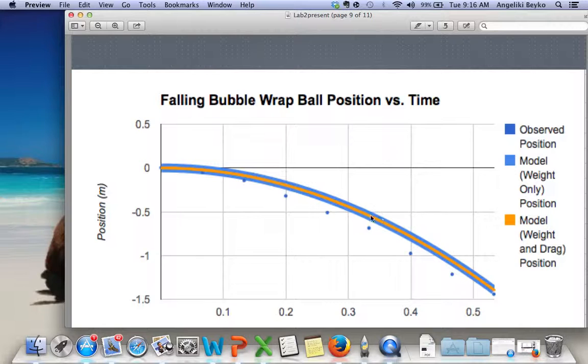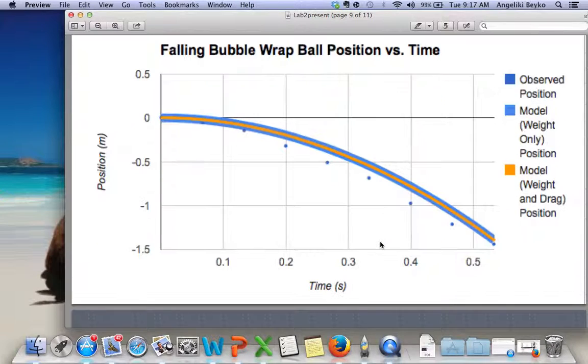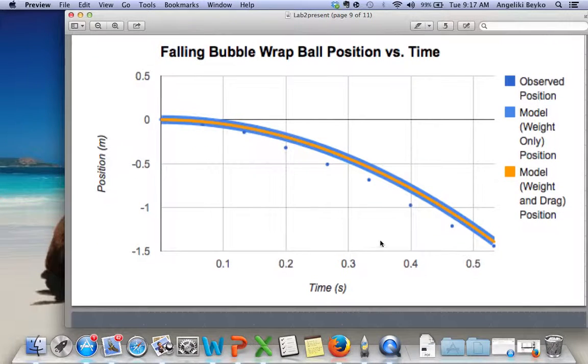It's directly overlapping with the model for weight and drag position. So ideally, we'll go into that in the next slide. But these are probably the best fits in the beginning, and maybe the one at the end, and the rest is pretty off. And this is position versus time.